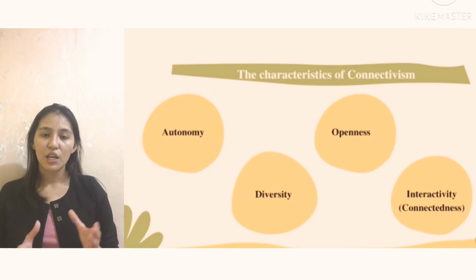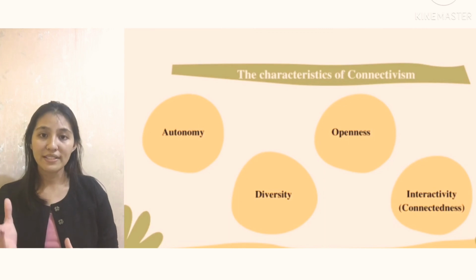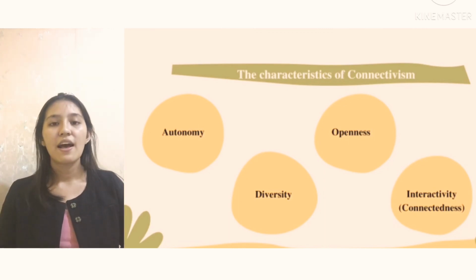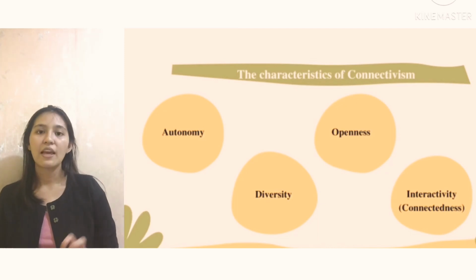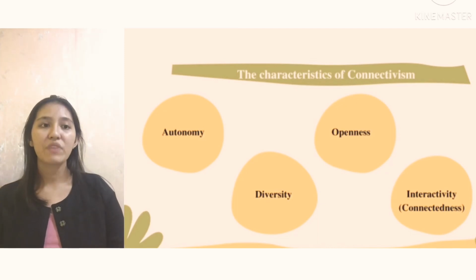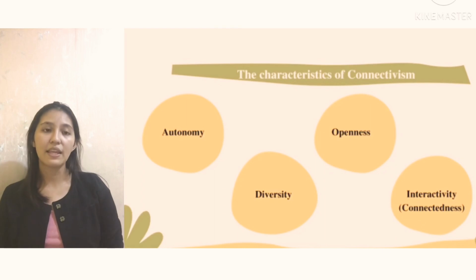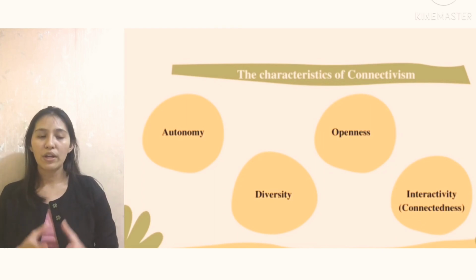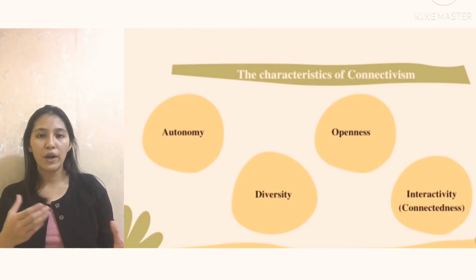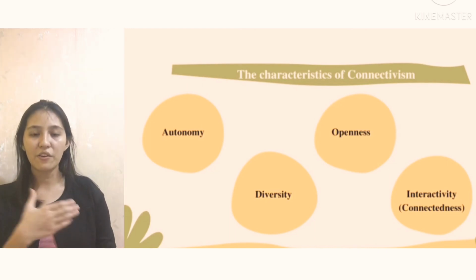The next one is openness. It means that you freely opt in or out of a network or community on social media. And the next one is interactivity. It means that you create connections with each other when you share information or learn from them, and then they learn from you.